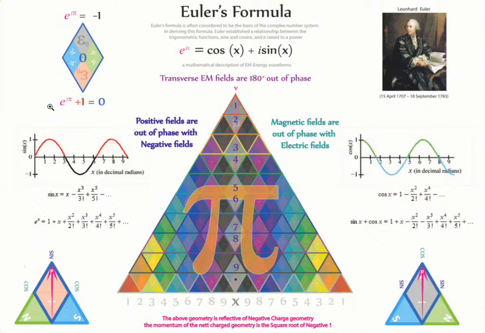And then looking at the other formulations here, you can obviously see that if e to the i pi is -1 or a negative charge field and you add a positive to it, you have a neutral photon. So again, e to the i pi is describing the bosons in the electromagnetic field.